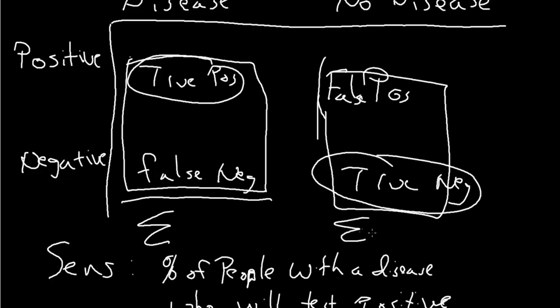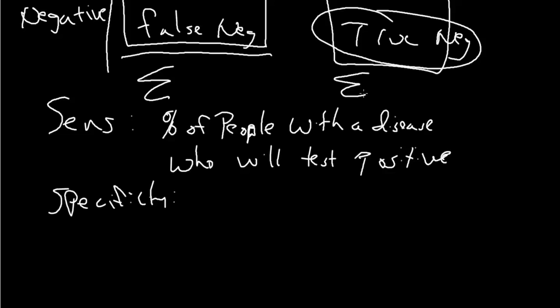Put another way, it's going vertical in the columns in both cases. Sensitivity and specificity go up and down. Okay, this is the percentage, and again, more important is the definition. The percentage of people without the disease who test negative.